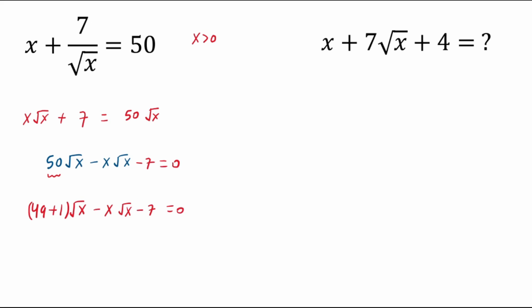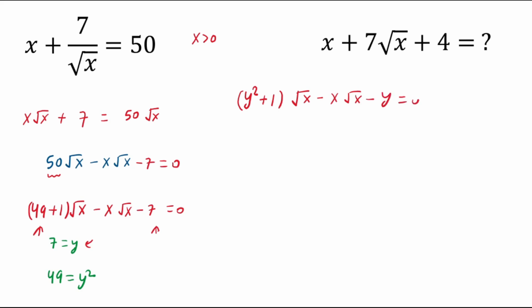Now if we apply substitution, let 7 equal y. If we square both sides, then 49 equals y square. Then 49 is replaced by y square, plus 1 multiplied by square root of x, minus x times square root of x, minus this 7 is replaced by y, so minus y equals 0.